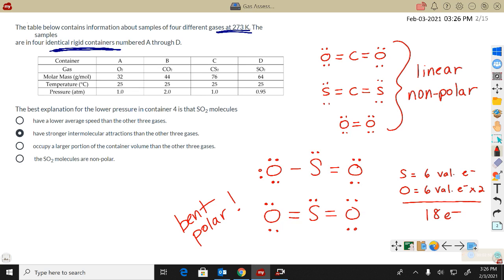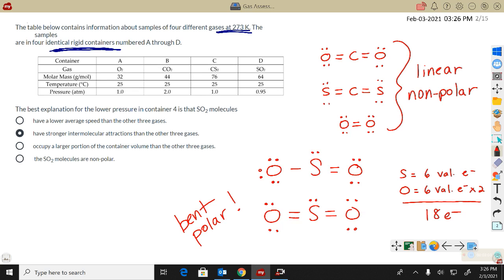No, because actually the carbon disulfide might be about the biggest molecule. And really the volume of the particles themselves is pretty insignificant compared to the volume of the container. SO2 molecules are not nonpolar, they are very polar. So this one you might have had to sketch the dot structure.